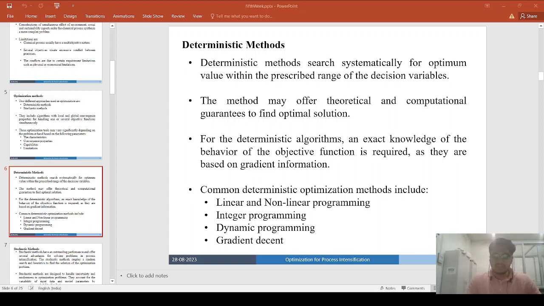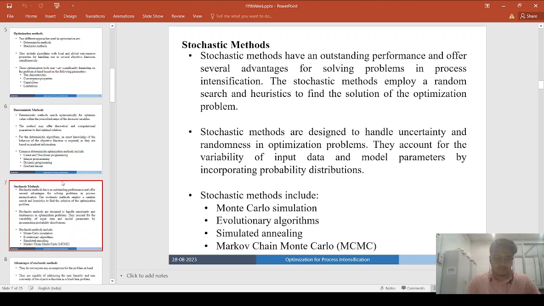Now coming to the stochastic methods. The stochastic methods have an outstanding performance and offer several advantages for solving problems in process intensification. The stochastic methods employ a random search and heuristics to find the solution of the optimization problem.